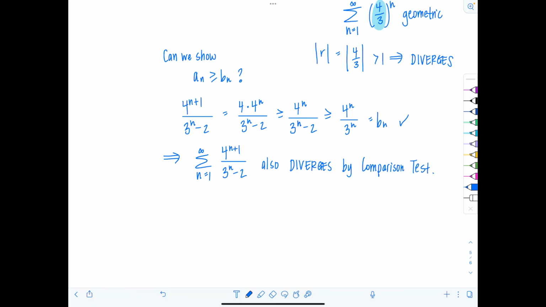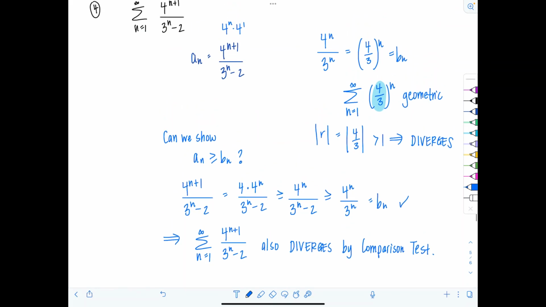Okay, fabulous. So if I wasn't able to show this inequality, then I probably would have tried limit comparison test instead. But whoever wrote this problem sat there so nicely, made sure the numerator was bigger, denominator was smaller, so that I could show just the perfect inequality to do direct comparison.